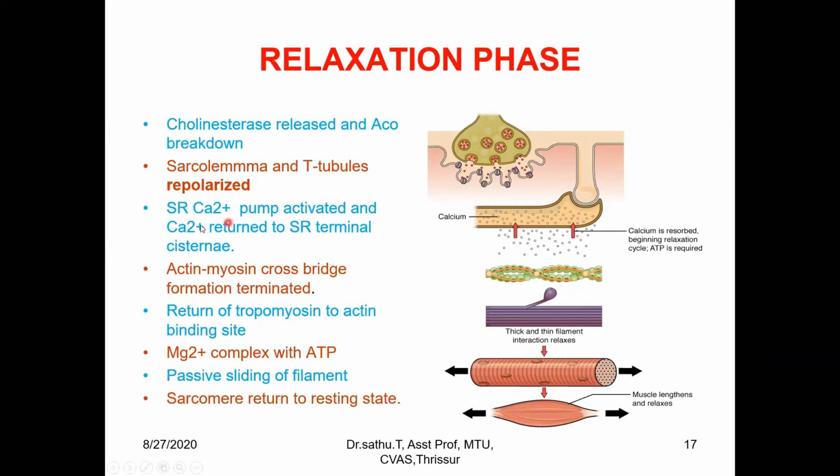And again, the calcium should be pumped back into the sarcoplasmic reticulum. So the calcium goes from 10 to the power of minus 6 or 10 to the power of minus 7, and is pumped back to the sarcoplasmic reticulum. For that again ATP is required, which I will be discussing later.